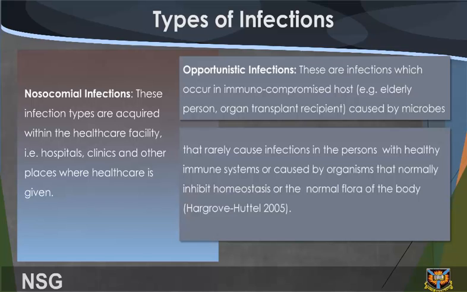These are infections which occur in immunocompromised hosts, e.g., elderly persons, organ transplant recipients, caused by microbes that rarely cause infections in persons with healthy immune systems or caused by organisms that normally inhabit the normal flora of the body. Angrove, Utel, 2005.